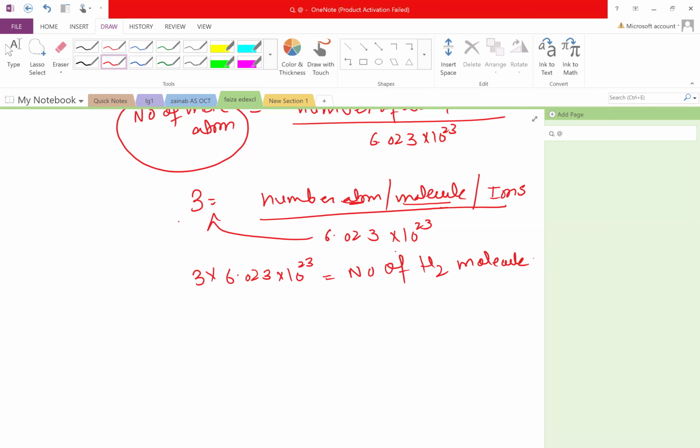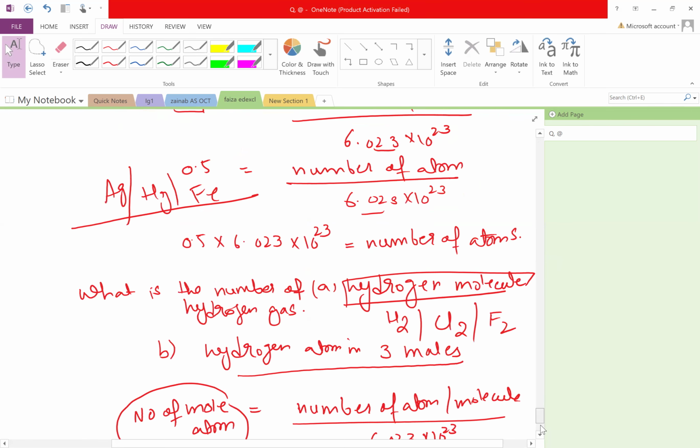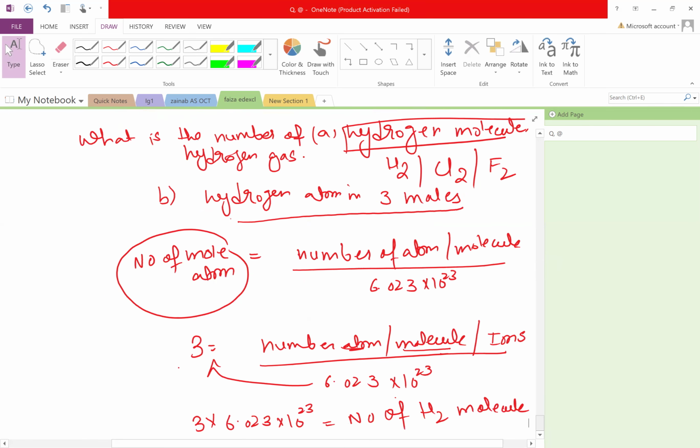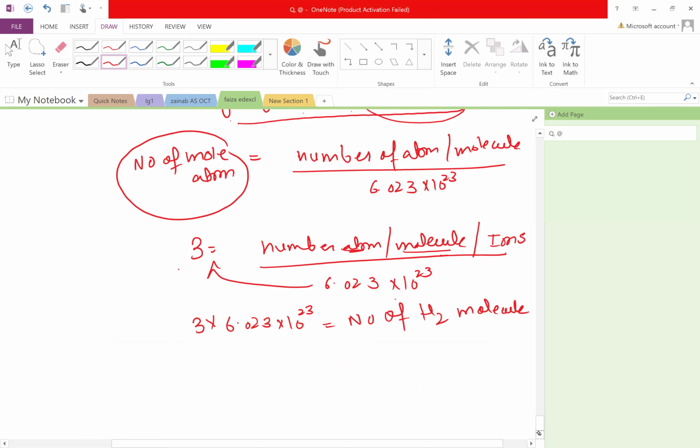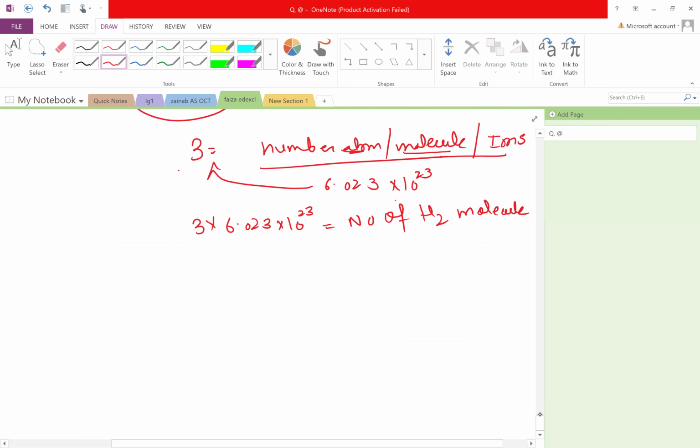Okay, so now the next thing. Now see, this is for one molecule. Now they are asking about hydrogen atoms in 3 moles. First this was molecule.